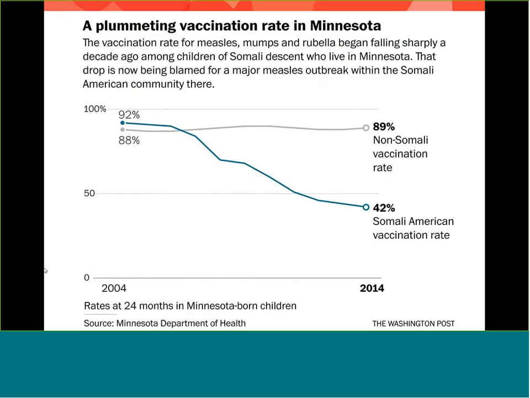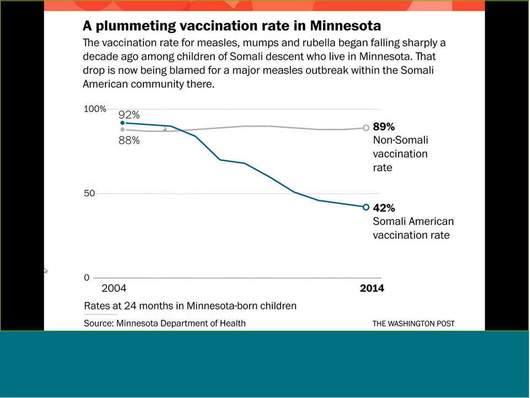I'm going to show you an interesting graph here. This was actually information from the Department of Health, but this was published in the Washington Post, and it showed that in the early 2000s, the Somali American population in Minnesota actually had very great rates of immunization for MMR, higher than the non-Somali population in Minnesota, 92%.